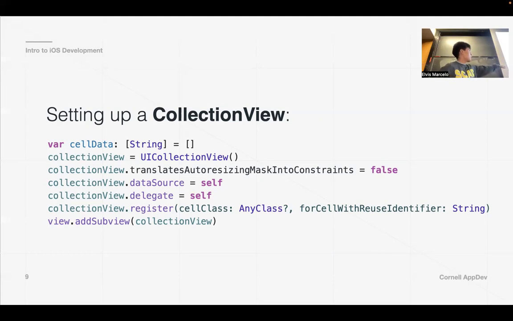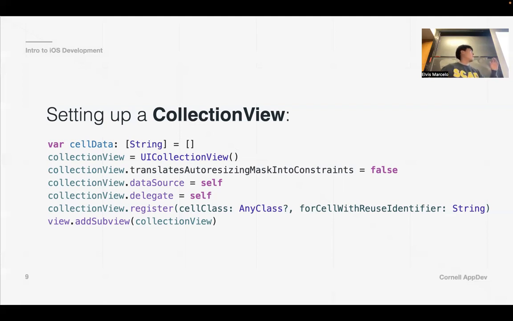And we also register the cell. So we have a UI collection view cell class, something around those lines, and that's where you actually set up the layout for your cells, kind of like how you had your UI table view cell class, which is where you created the layout.